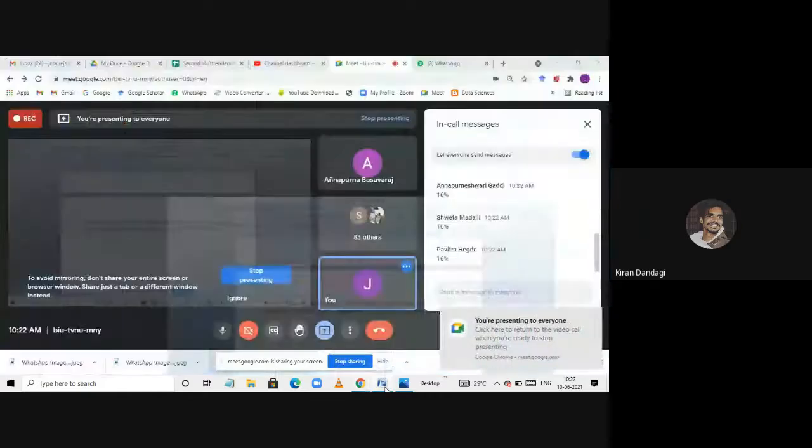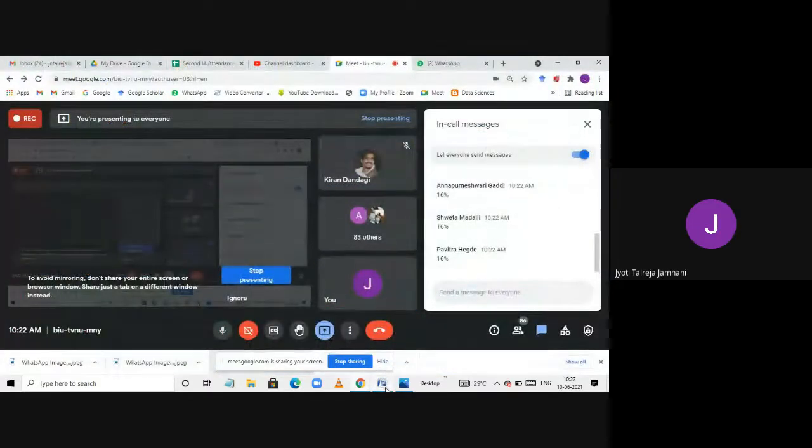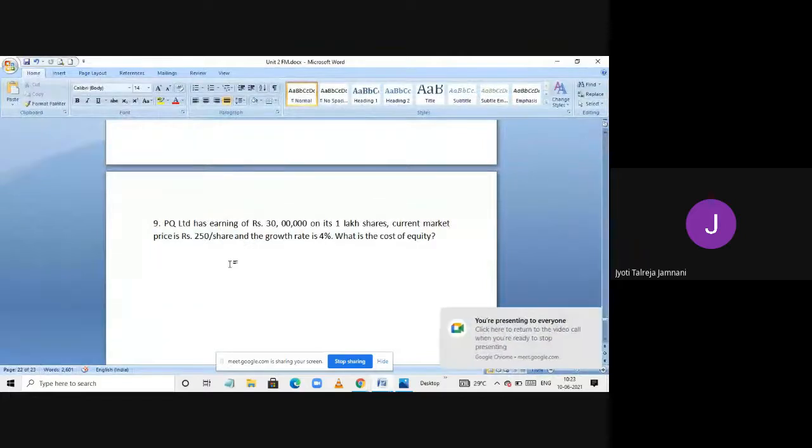16%, ma'am. 16%. Okay. They've given that earnings 30 lakhs.